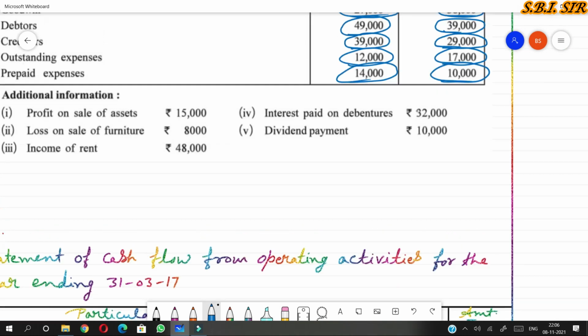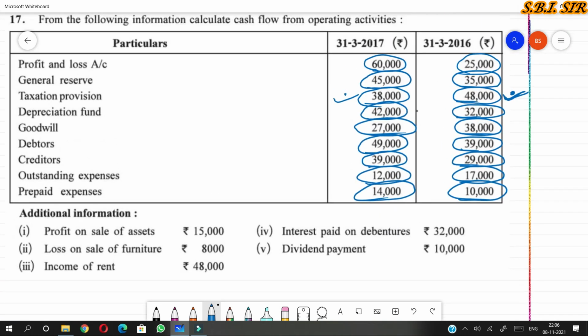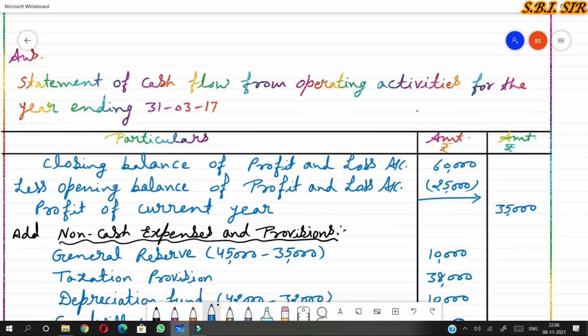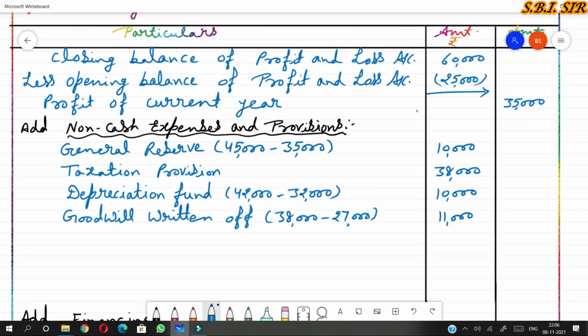Next, loss on sale of furniture. It will be recorded under non-cash expenses and provisions. Loss on sale of furniture 8,000.